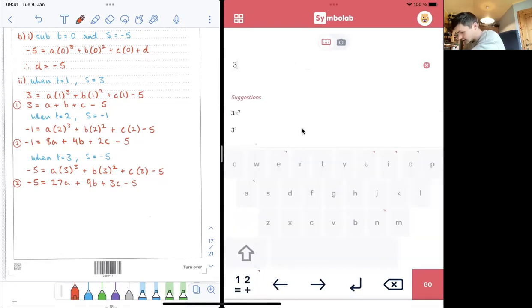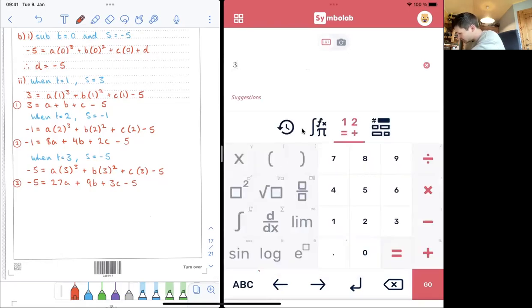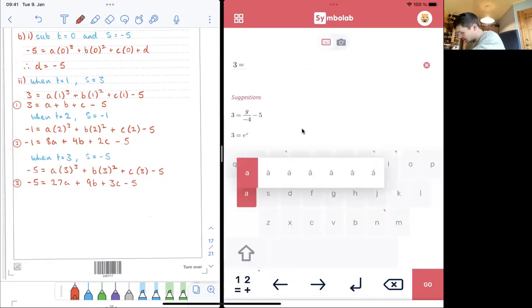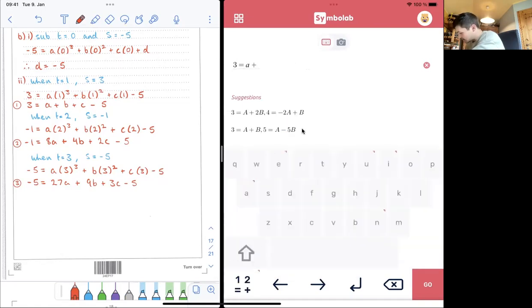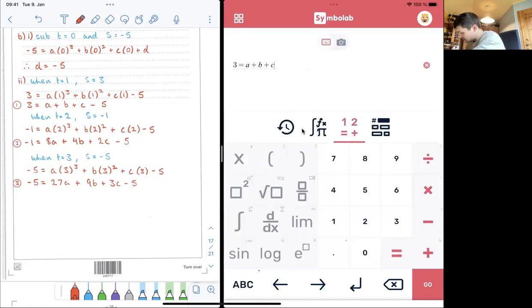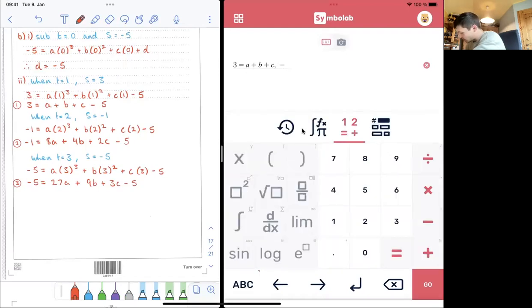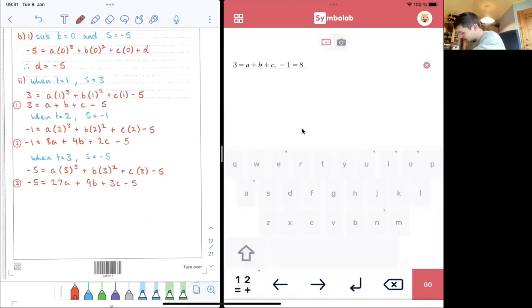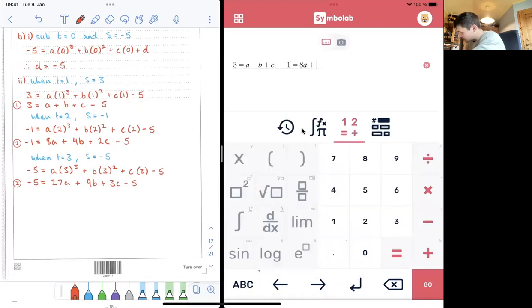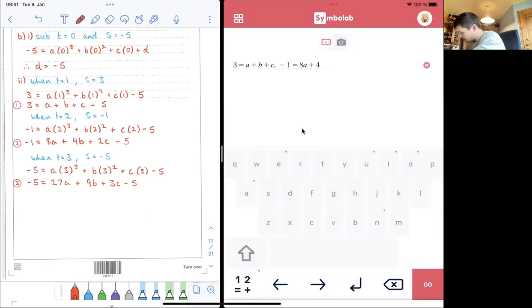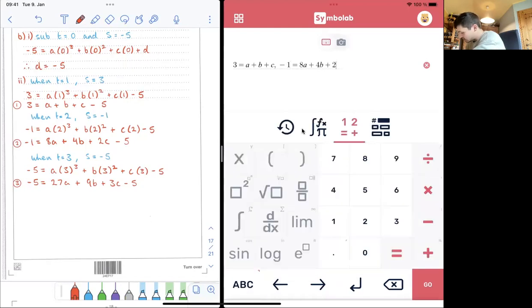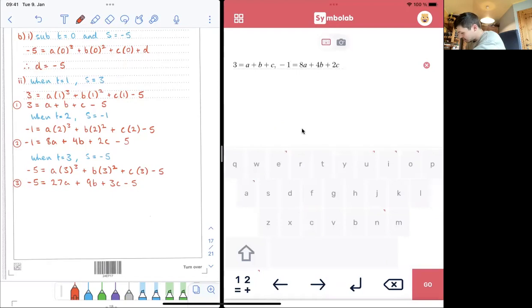So without further ado, let's plug these in. We've got 3 is equal to a plus b plus c. Separate these out with a comma, and then we have -1 is equal to 8a plus 4b plus 2c.